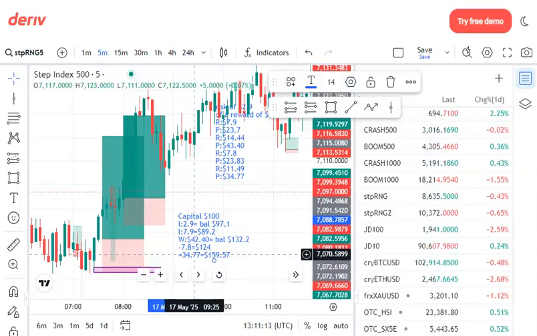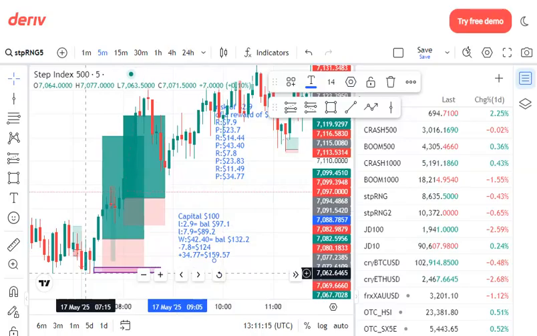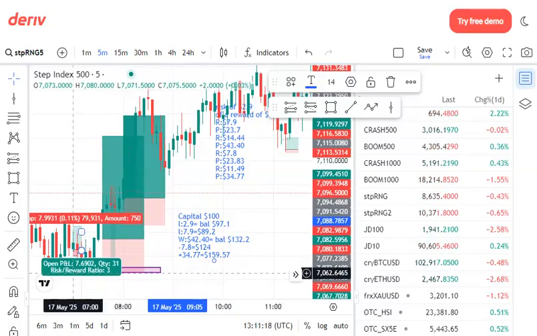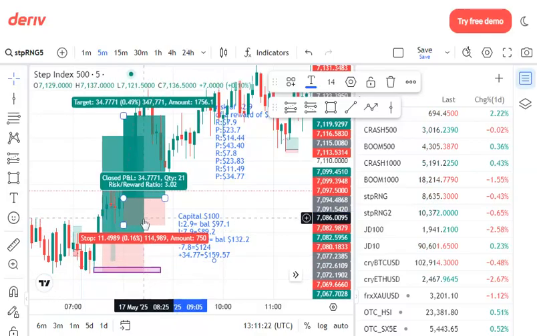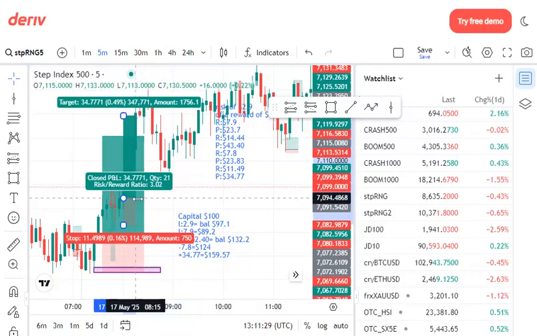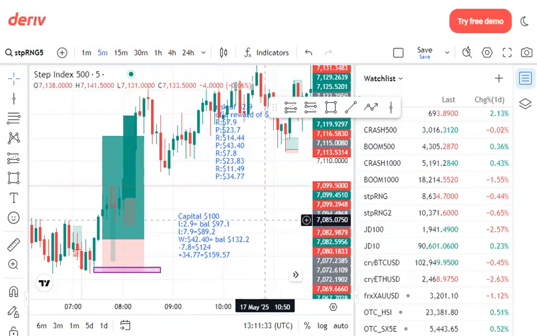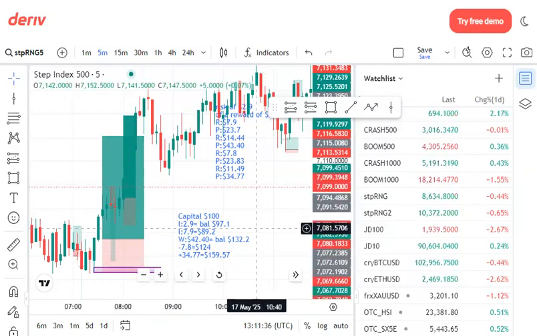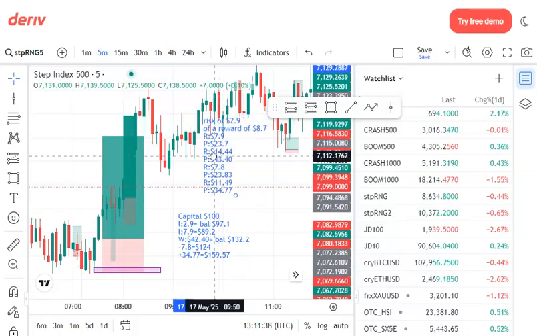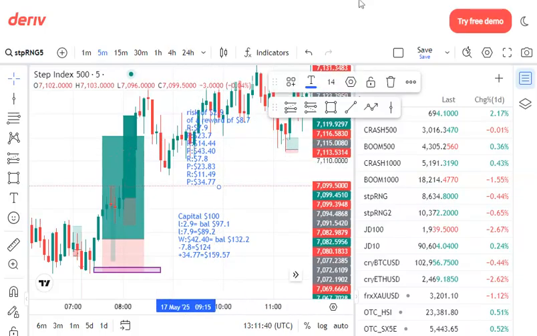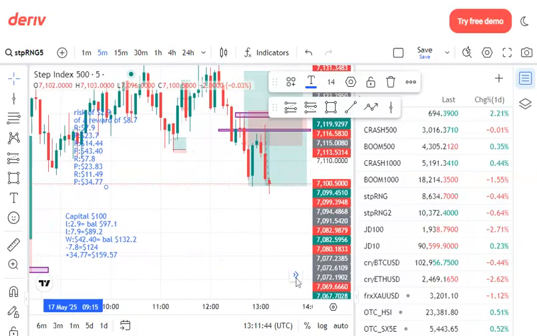Of course, we were in this market from 7 a.m. to 8:15 a.m., and we made $59.57 with an investment of $100 and with the trading capacity as we determined.